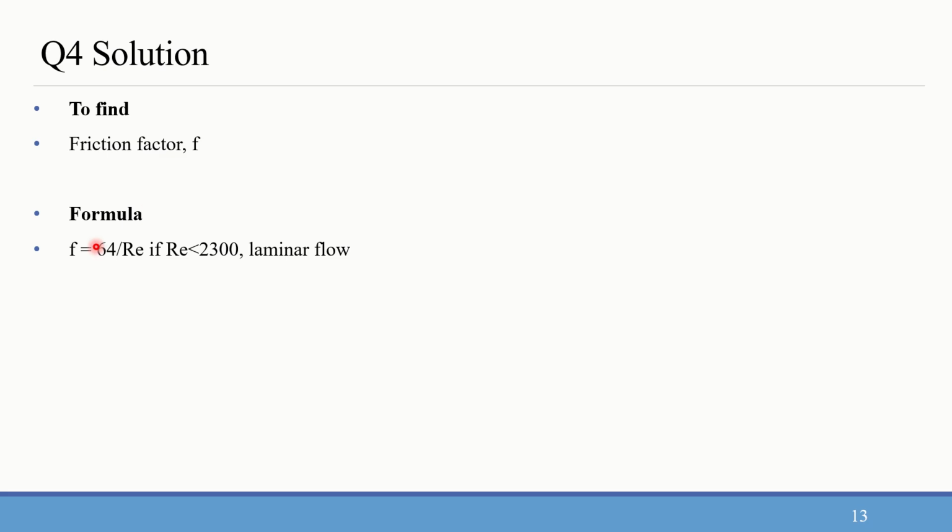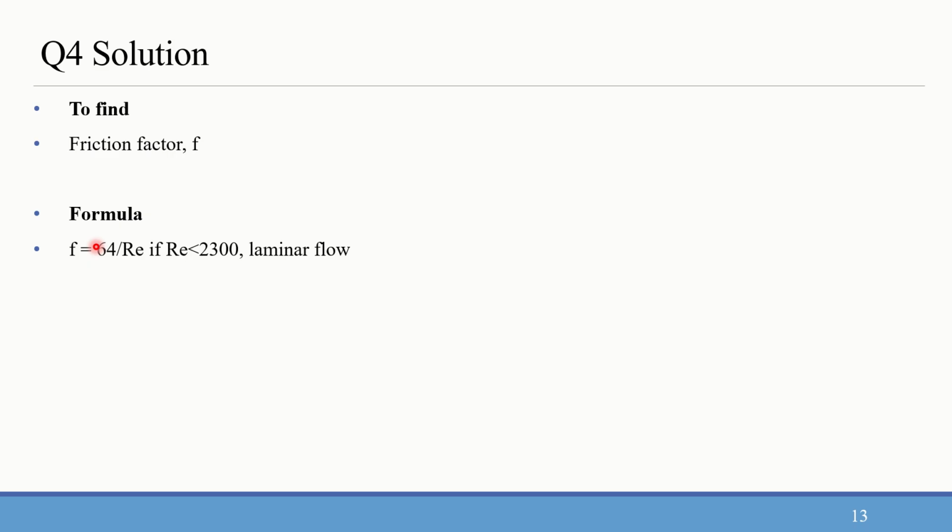So whatever friction factor formula we are using, it should be suitable for turbulent flow. We're keeping that in mind. We have to find the friction factor, and as I mentioned, the formula varies depending on the Reynolds number.